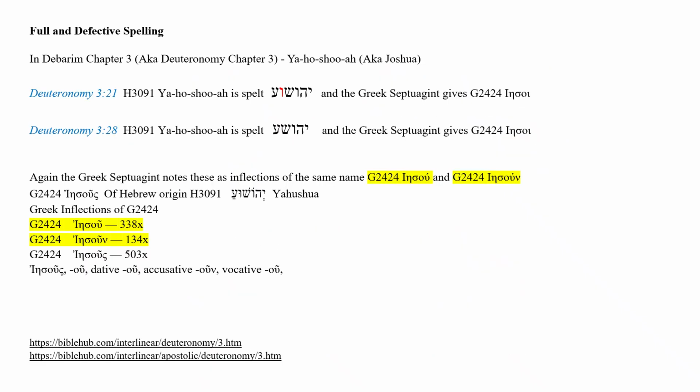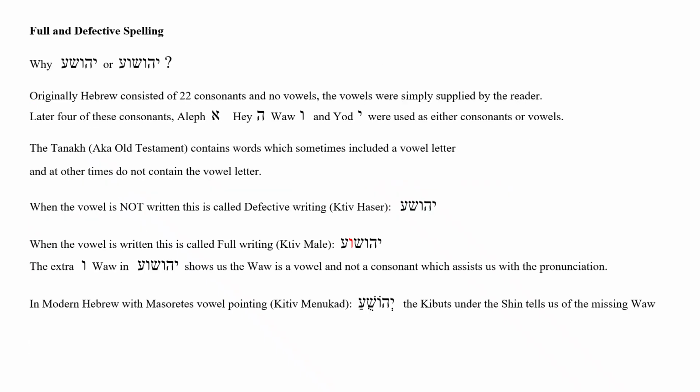Likewise, in Devarim chapter 3, we see the two spellings of Yahushua within the same chapter. Again, the Greek Septuagint notes these as inflections of the same name, G2424 Iesous. Full and defective spelling.